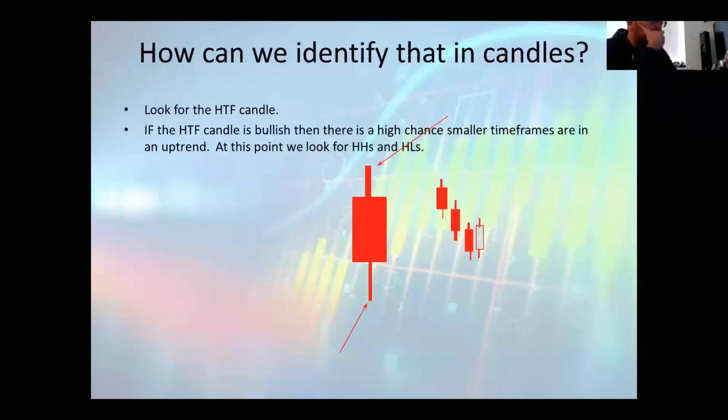So check this out. This is the high of the daily candle, and this is the low of the daily candle, and this is the low on the 4-hour time frame. Hypothetically speaking, let's say the daily candle has 4-hour candles. I know it doesn't make sense, but for simplicity, it does. Look where the daily candle closed.